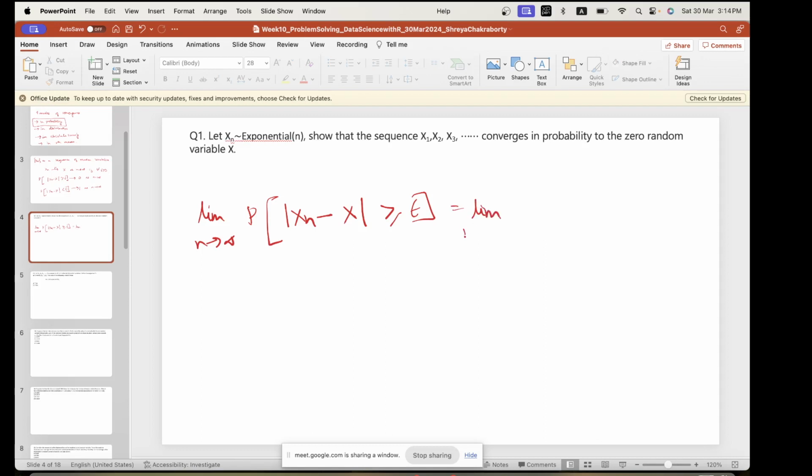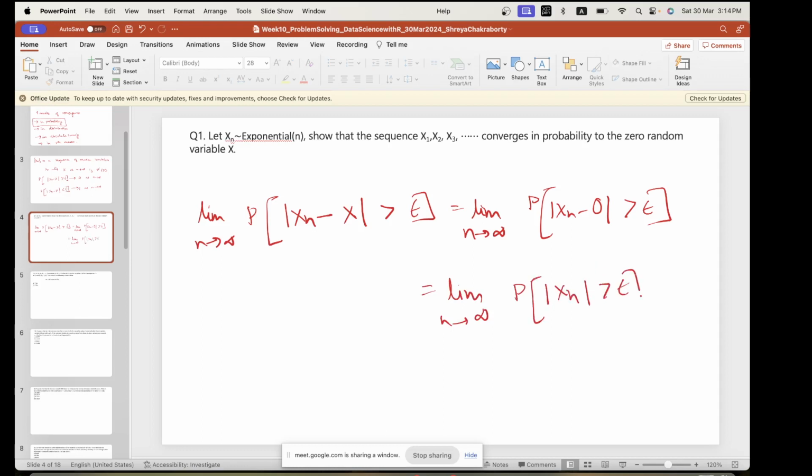This we can write as limit n tends to infinity probability of Xn minus X. Instead of X we can write here, since it is converging to the 0 random variable, Xn minus 0 greater than epsilon. So this means limit n tends to infinity probability Xn greater than epsilon.